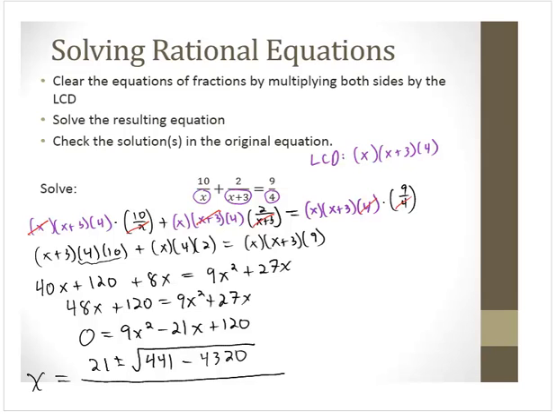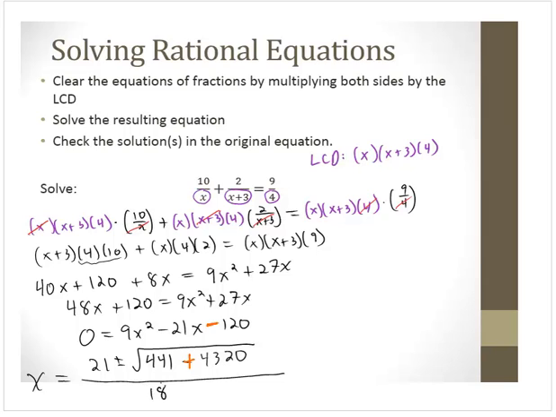Oh, that should be a negative 120. Sorry about that. So I made an error there when I subtracted. This should have been a negative 120. So 4AC would then give me a plus 4,320, over 2A, over 18.